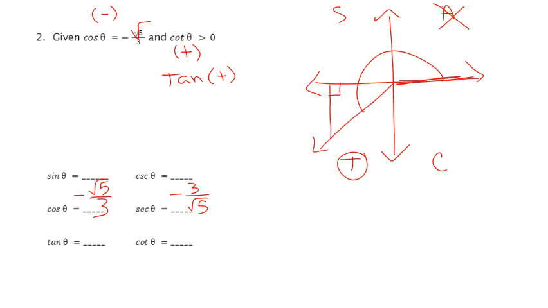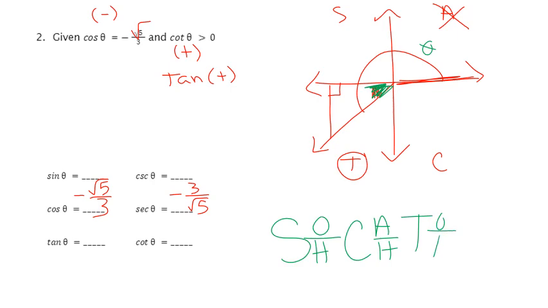So something like this. So I'm going to have this little reference angle that I'm going to use. And so when we label this out, we have SOHCAHTOA. And they tell us cosine is negative root 5/3. So that means my adjacent is root 5.